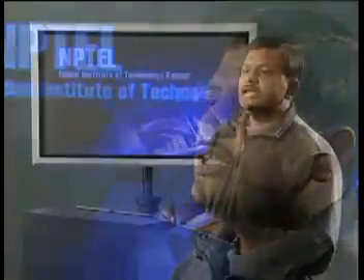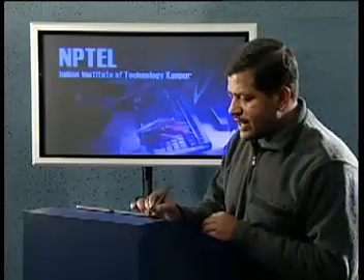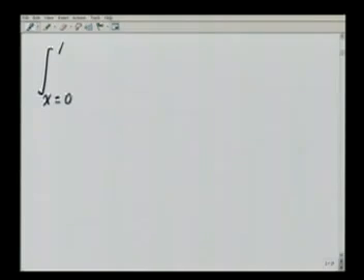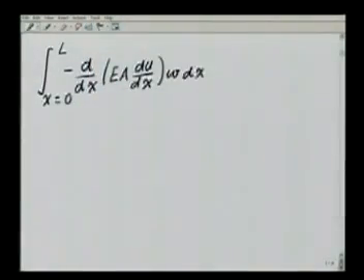What we are going to do next is take this weighted residual, expand it and write it again. In the expanded form, this becomes minus integral of x equal to 0 to L of d/dx(EA du/dx) w dx minus integral of x equal to 0 to L of f w dx equal to 0.